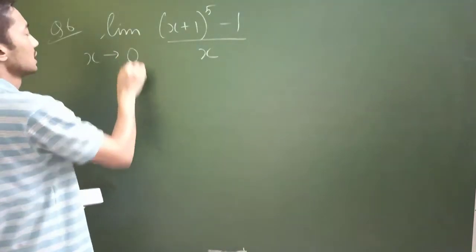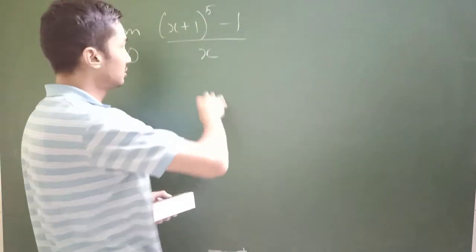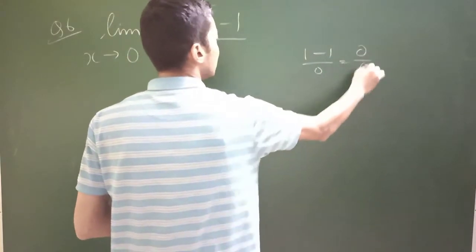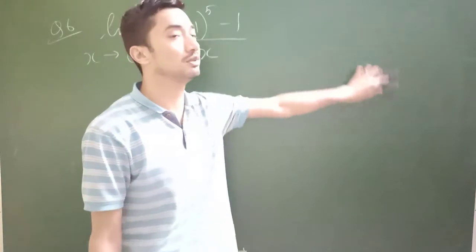Now you see here, if I substitute x equal to 0 directly like the other question, 0 plus 1 is 1, minus 1, divided by 0. What am I having? 0 by 0. So now I cannot do that.